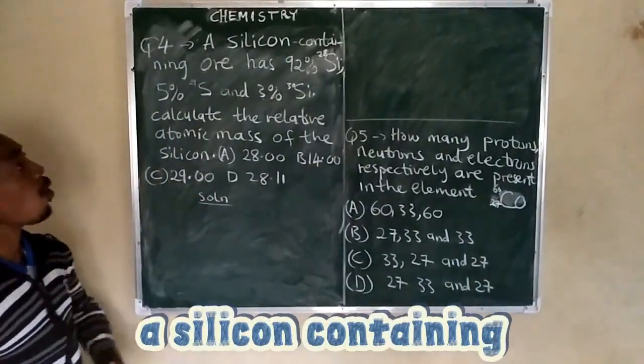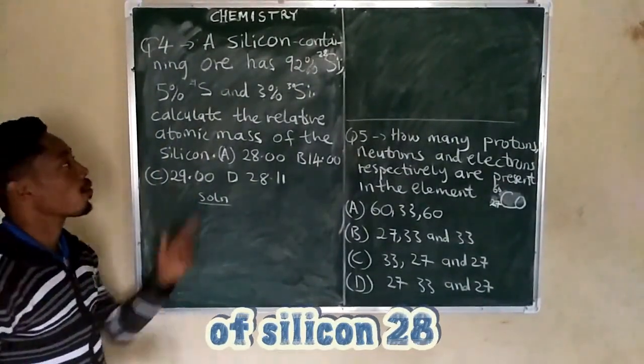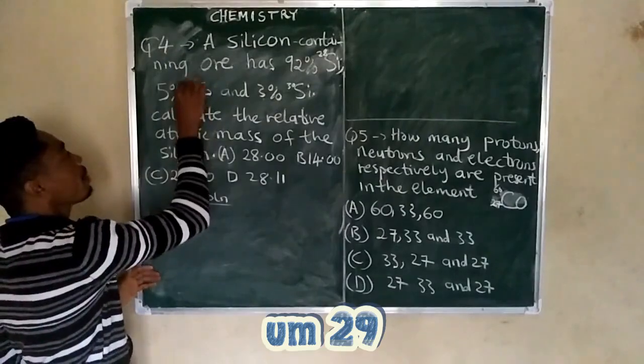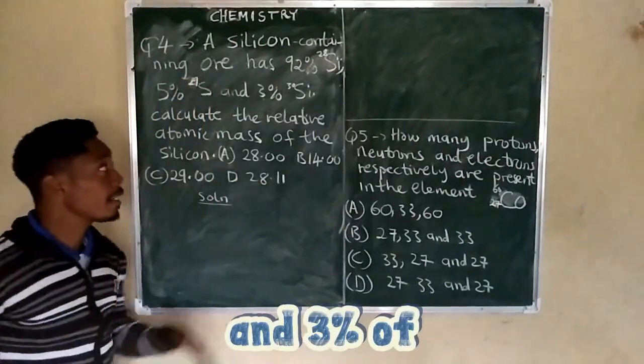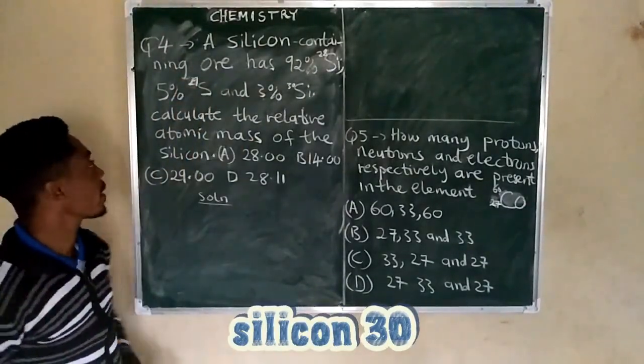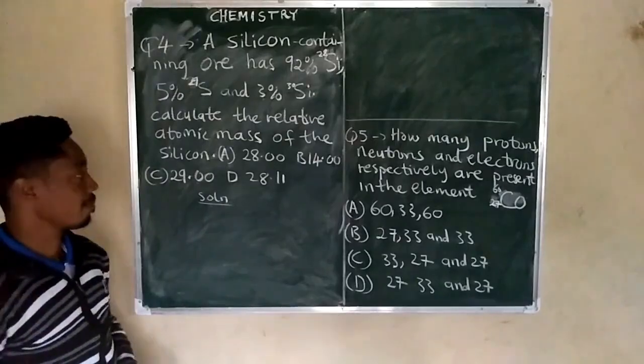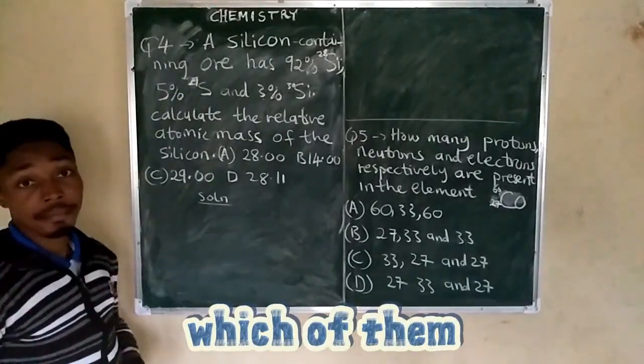A silicon-containing ore has 92% of silicon-28, 5% of silicon-29, and 3% of silicon-30. Calculate the relative atomic mass of silicon. Which of them is correct?